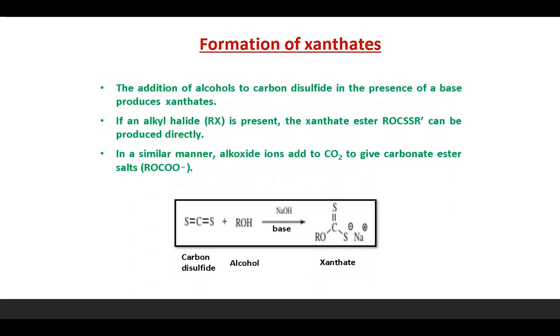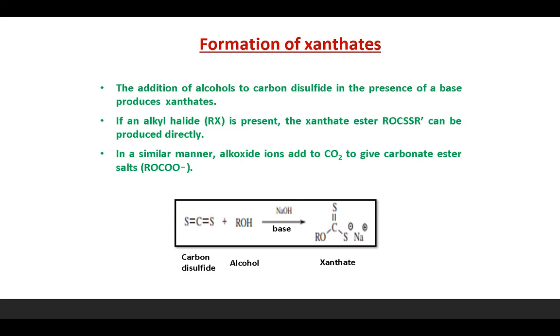Formation of xanthates. The addition of alcohols to carbon disulfide in the presence of a base produces xanthates. The base is often OH-, but in some cases, better results can be obtained by using methylsulfonyl carbanion. If an alkyl halide, RX, is present, the xanthate ester can be produced directly.